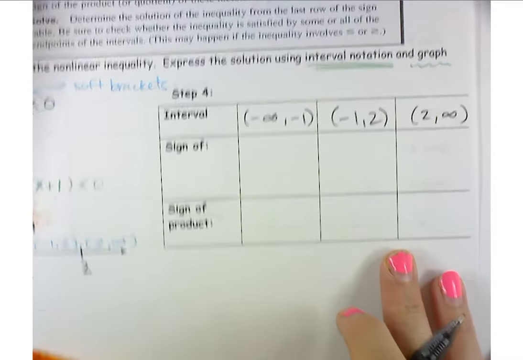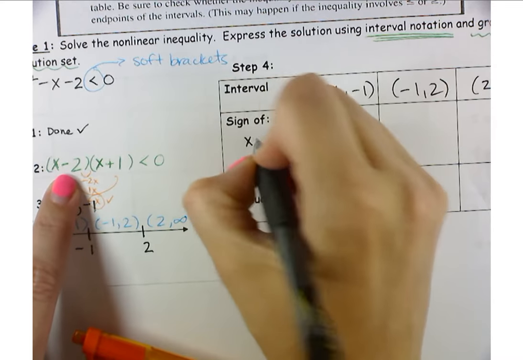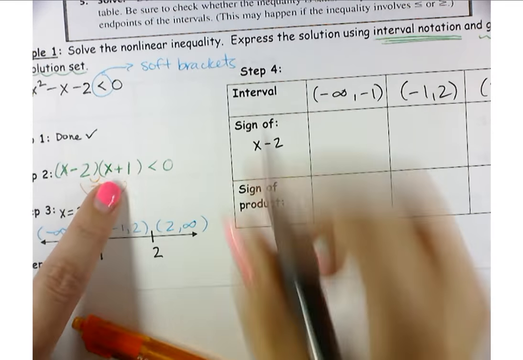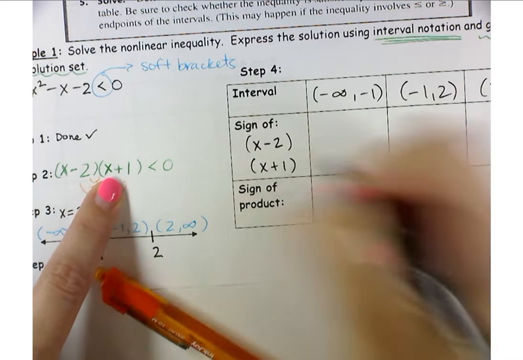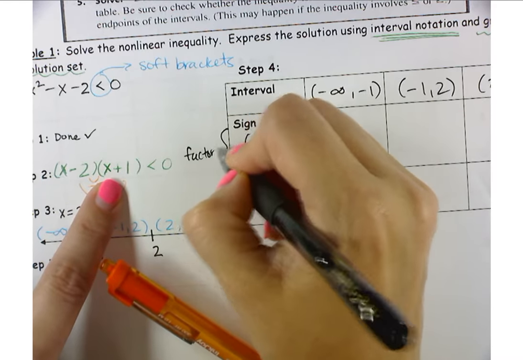Now see on the side where it says sign of, that's where you're going to put your two factors. We get them right from here. The first one is x minus 2, and my second factor is x plus 1. Those are the factors, and that's where they're coming from.